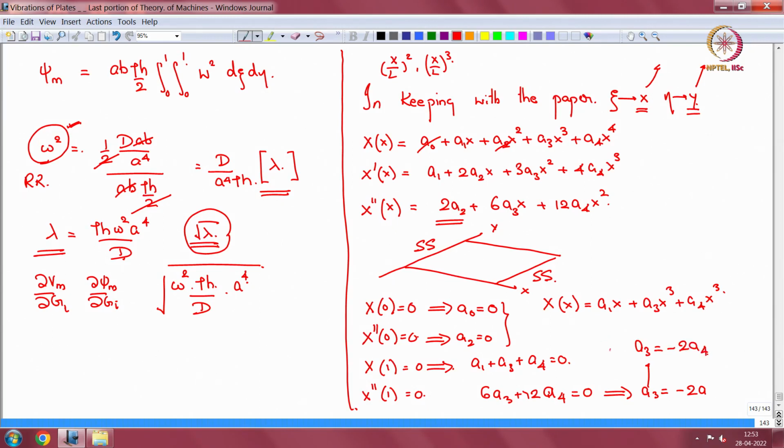Okay. So if I bring that into this, I get A1 is equal to A4. Okay. So what does that give me?